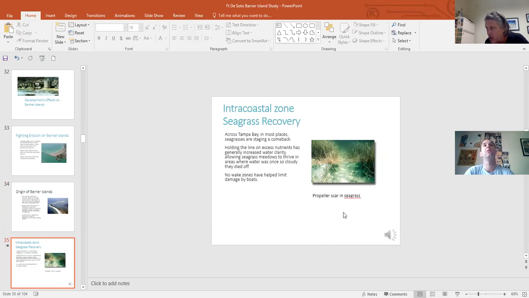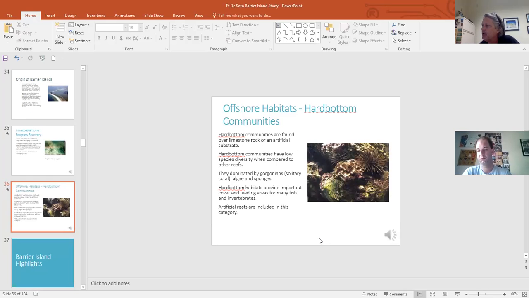These things aren't fast growing. And sewage treatment is one of the largest ways to aid bay recovery. Another one is fertilization. We have laws in place now that only allow fertilization during certain seasons. And this, of course, has helped with our recovery. So Tampa has been successful in recovering its seagrass beds.